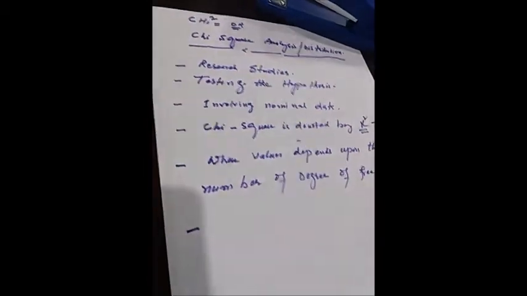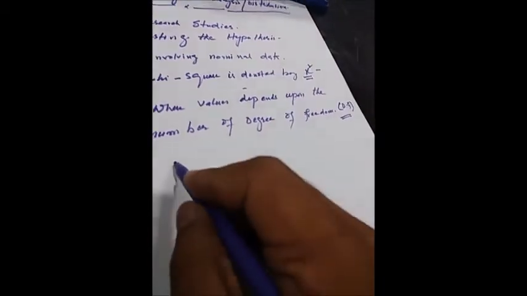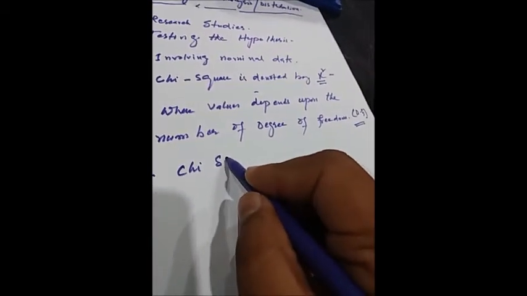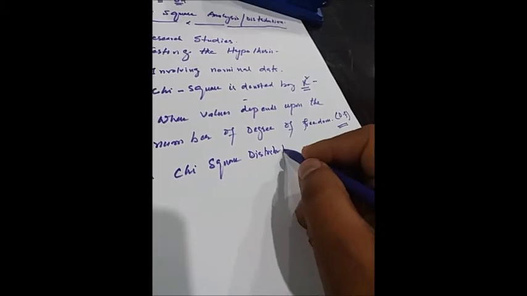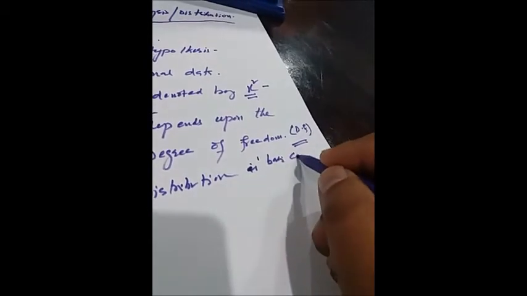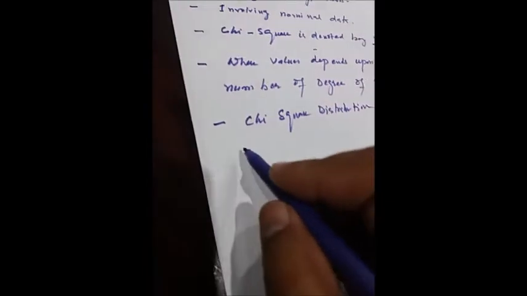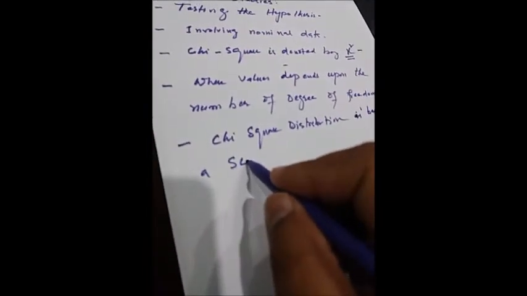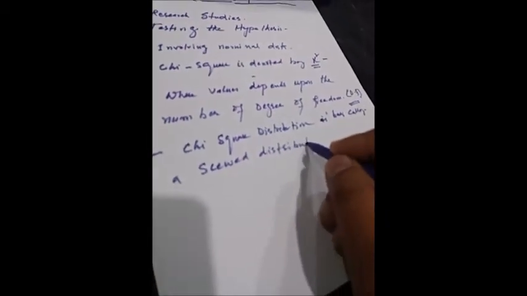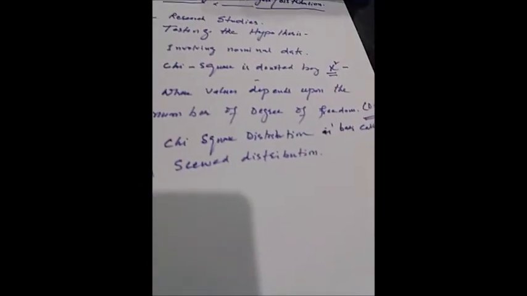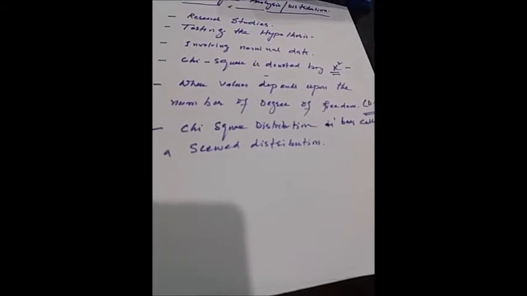The chi-square distribution is basically a skewed distribution.